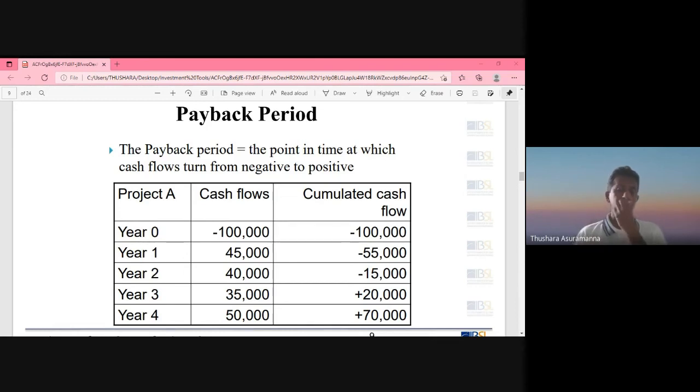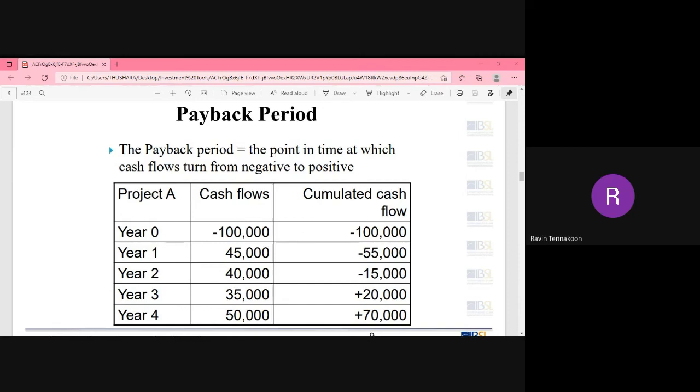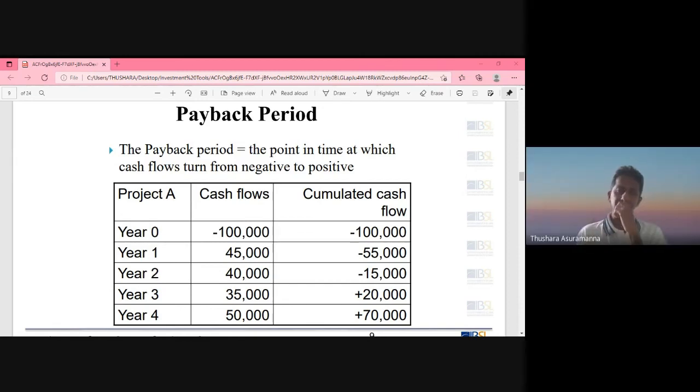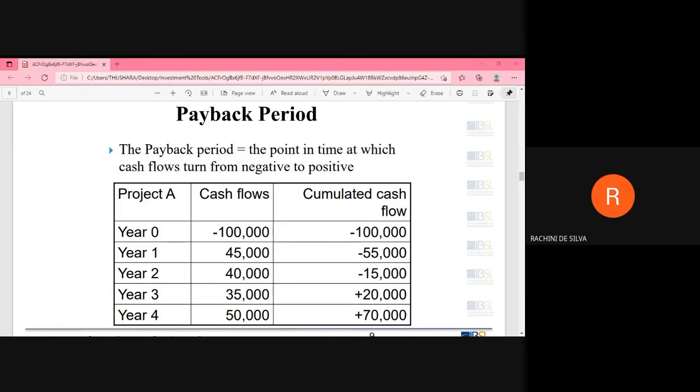Is it clear, Ravi, now? How the 0.4 comes? Yes, sir. What about the others? Rachini, Padmendra, Akilan, Samindri, are you all clear? Yes, sir. Thank you. So can we take that 0.4 as 4 months?